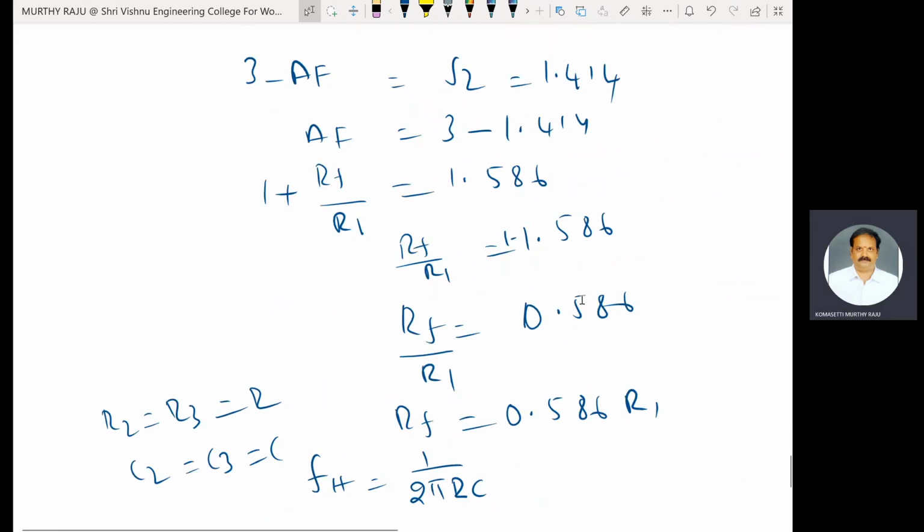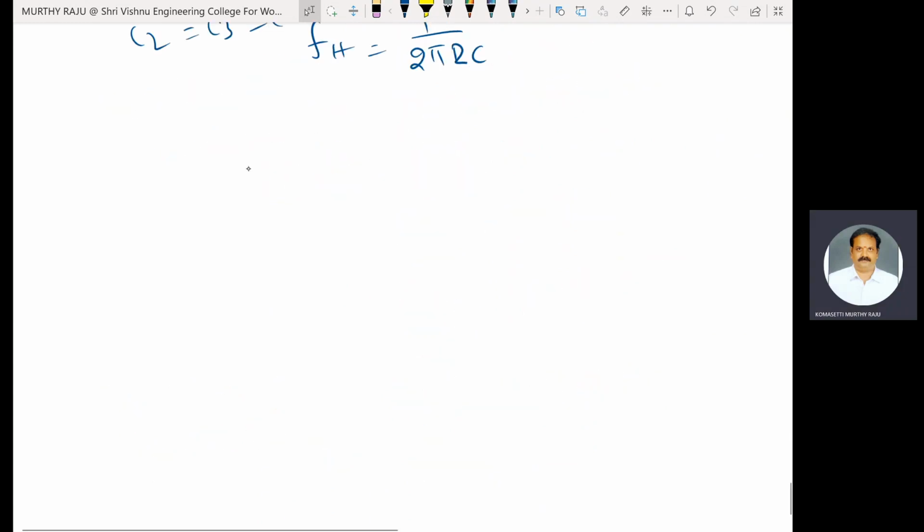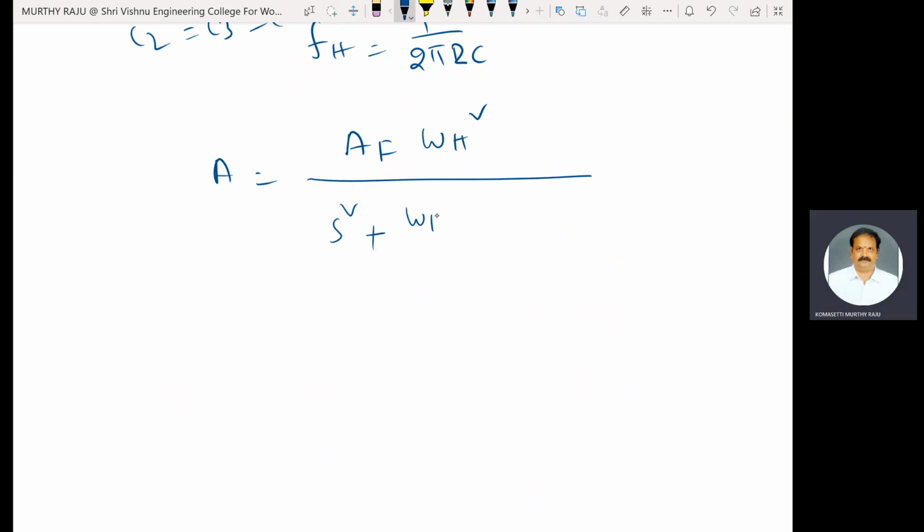Now coming to this one, consider general expression. A is equal to AF into omega H square by S square plus omega H S by Q plus omega H square.